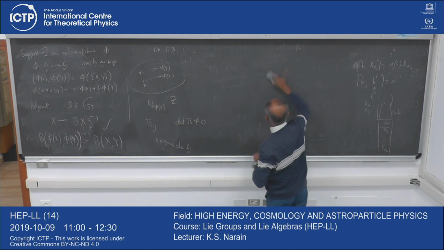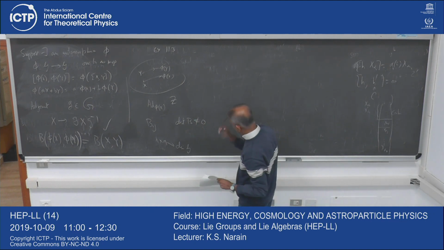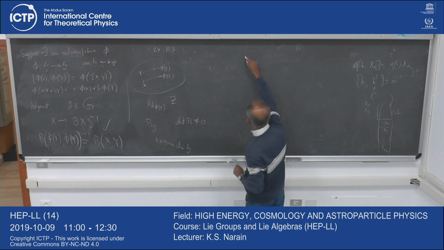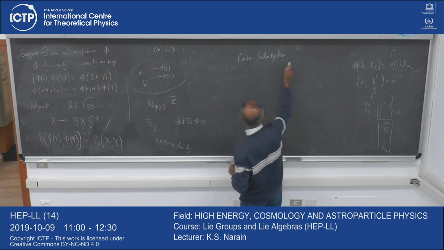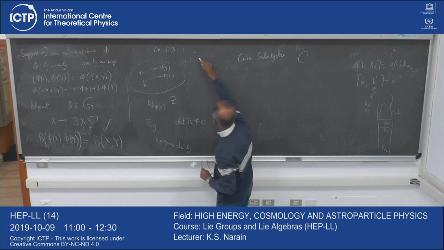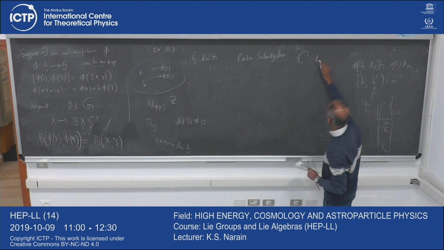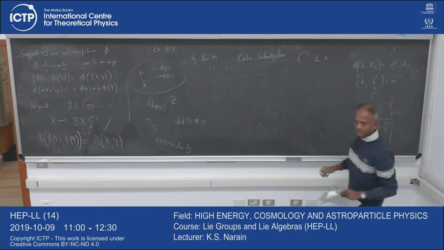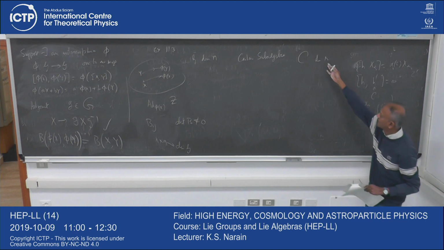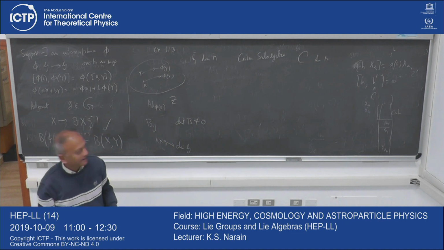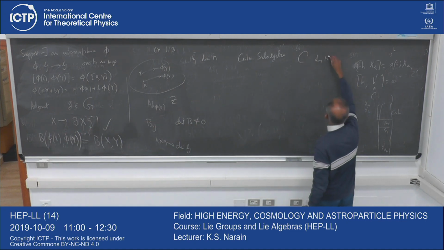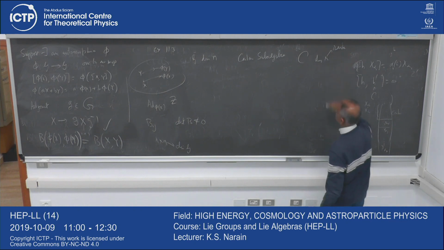Before introducing the Cartan-Killing form, we already started with the Cartan subalgebra, let's say C. So the full dimension of G is n, and the Cartan subalgebra will be some dimension R. R will be less than n, of course. R is for rank.